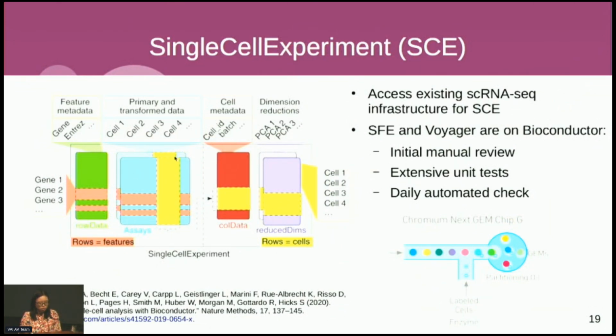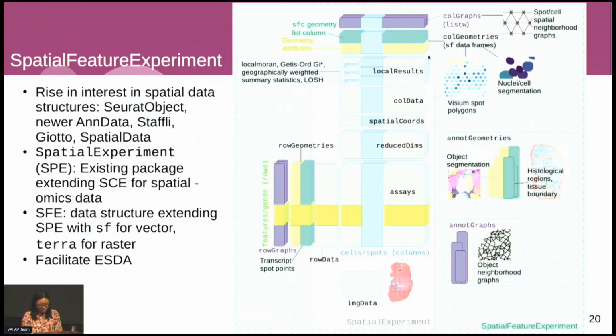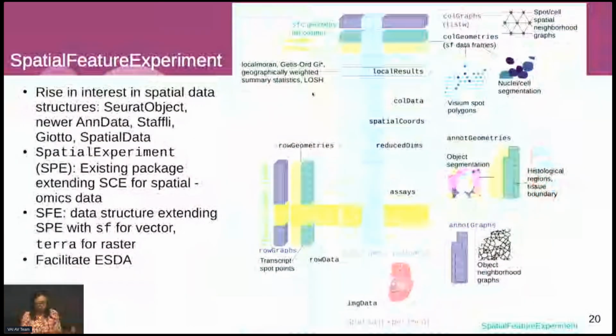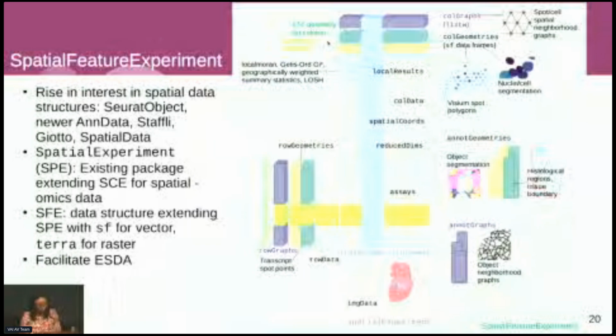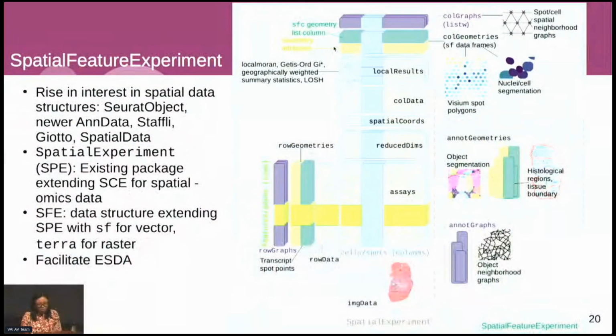So another perspective to think of spatial feature experiment, or SFE, is as a spatial extension of SingleCellExperiment. Again, we have the gene count matrix in the middle, but the spatial aspects are added via SF for vector geometries, and Terra for raster.